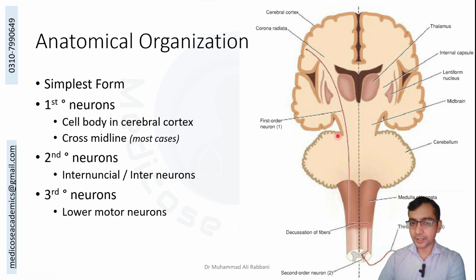It does not relay in the middle. It comes all the way through the corona radiata, internal capsule, and different parts of the brainstem and spinal cord, and in the lowermost part of the brainstem it crosses the midline. You see here the first order neuron crossing the midline.